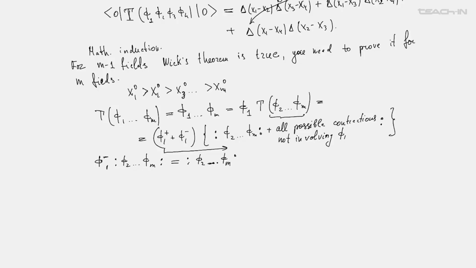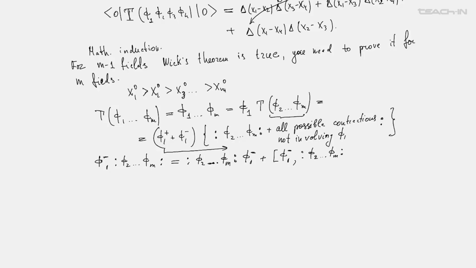But of course, you have to add the compensating contribution, which is a commutator of phi 1 minus with the normal ordered product of operators phi 2, phi m, right? So this is an identity, which I have written down.